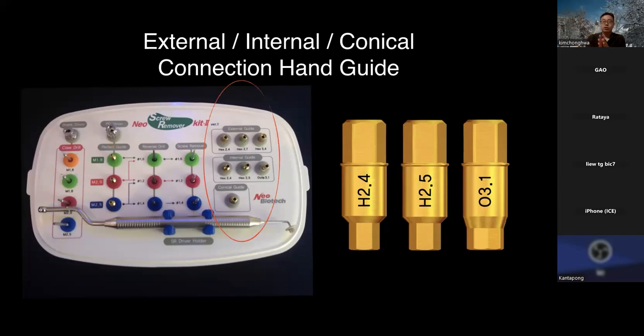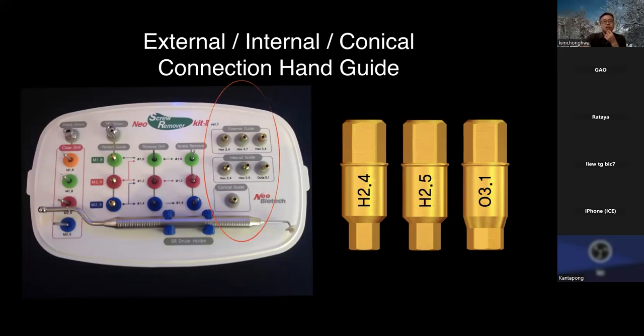So what you have to do is use other drills and something called a screw remover. But before we get to that, let me talk to you about this hand guide.